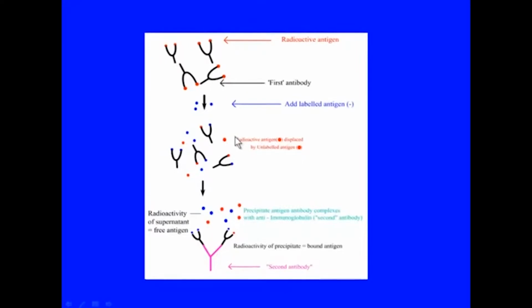The free radiolabeled antigen then appears in the supernatant, so the radioactivity of the supernatant is equivalent to free antigen, and the radioactivity of the precipitate is the bound antigen.